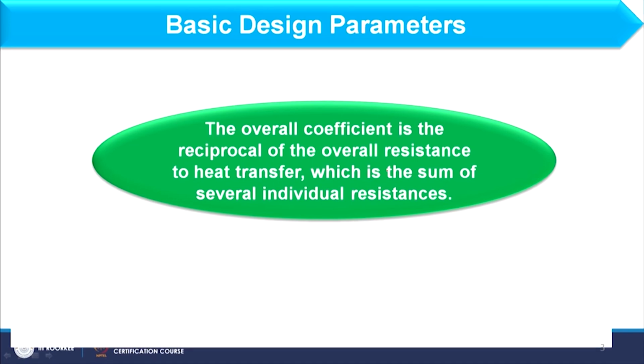As I keep on increasing the resistance, I am putting an extra hurdle in the path of transfer of heat, and so the heat transfer will reduce. As resistance increases, overall heat transfer will decrease, and therefore, overall heat transfer coefficient will decrease. So, you know very well that overall heat transfer coefficient is inversely proportional to overall resistances in the path of transfer of heat.